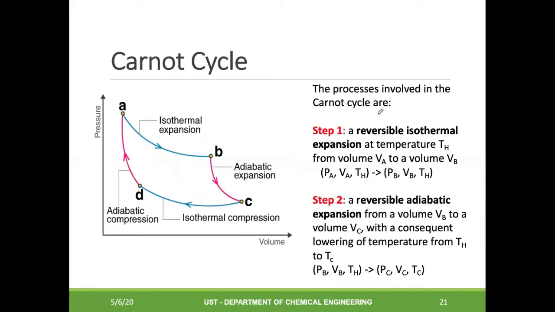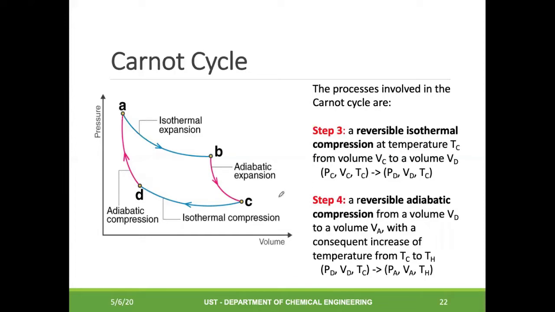Now, the processes involved in the Carnot cycle are the following. Number 1 is a reversible isothermal expansion at TH, in which the volume changes from VA to VB. The second step is a reversible adiabatic gas expansion from volume VB to VC with a consequent lowering of temperature from TH to TC.